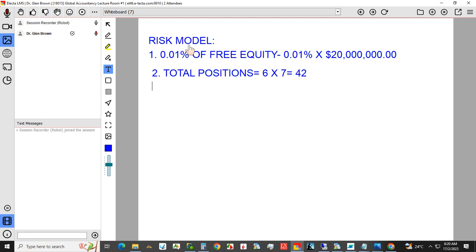In light of this, we could also say that our total real-time risk, if all the trades are executed at once, which is not possible. I haven't seen any simulated account forward test or back test where the 42 positions were executed at once.